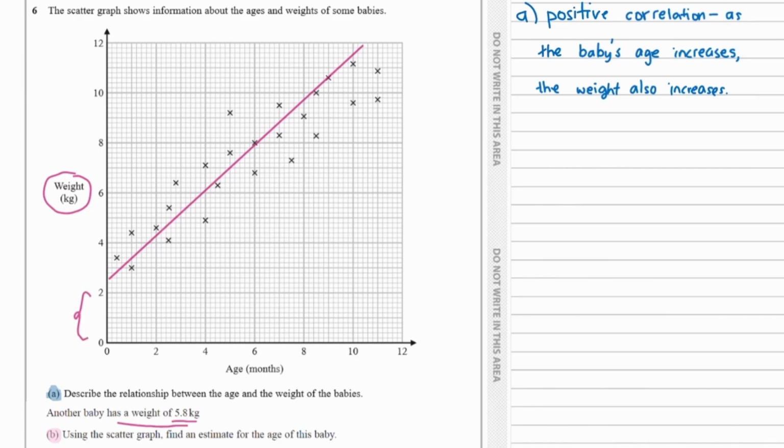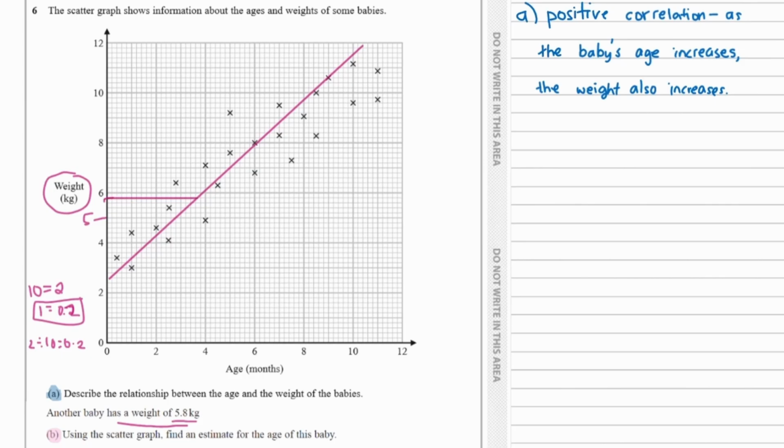If 10 boxes are representing 2 units, that means one box will represent 0.2 units. And we know that 5 would be somewhere in the middle of 4 and 6, so that's where 5 would be. And if we count in 0.2s, 5.8 would be there.